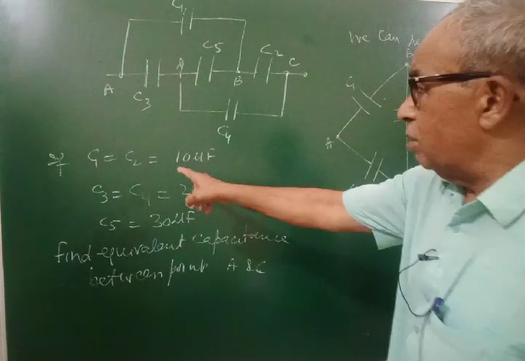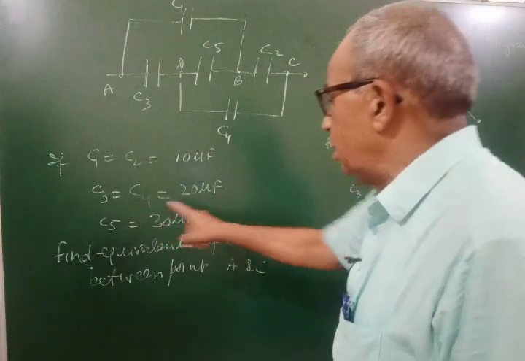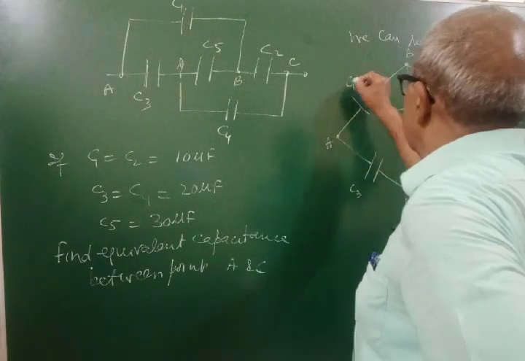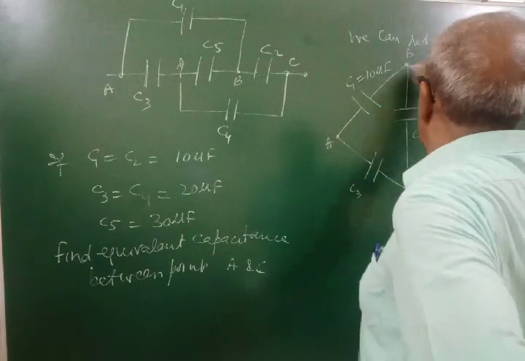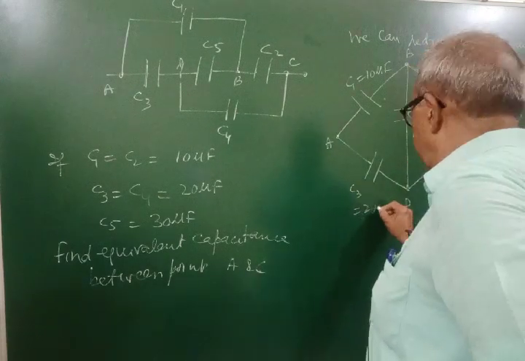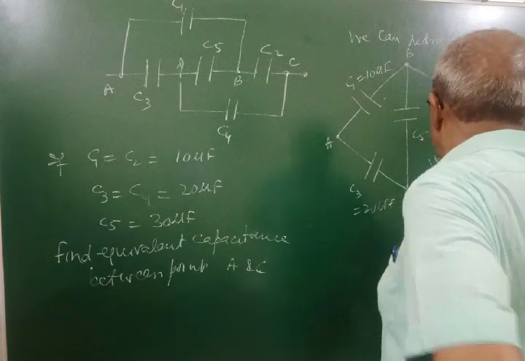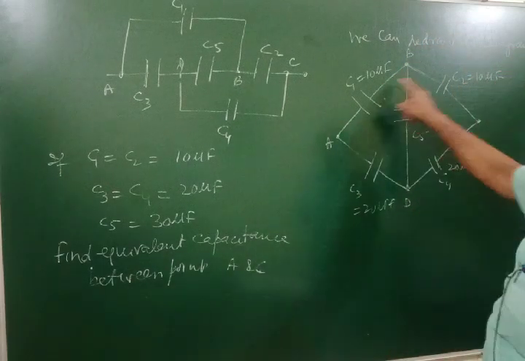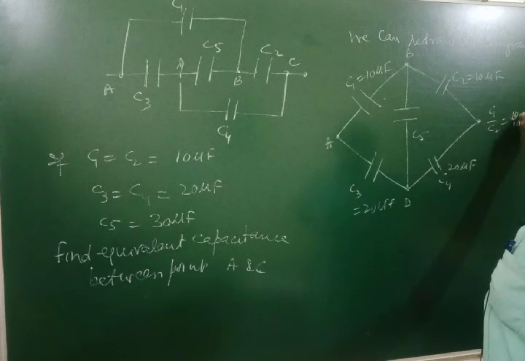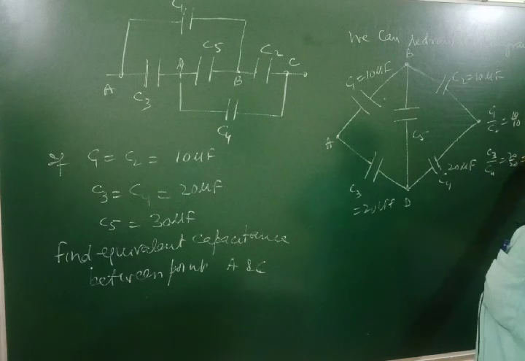You are given C1 equal to C2 equal to 10, and C3 equal to C4 equal to 20. So this is 10 microfarad, this is 10 microfarad, this is 20 microfarad, and this is 20 microfarad. C1 upon C2 is 10 upon 10 equal to 1, and C3 upon C4 is 20 upon 20 equal to 1.